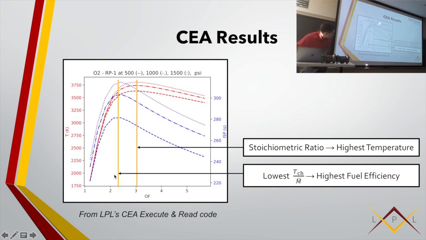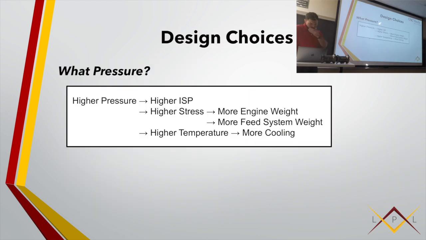This is for kerosene. Do you remember, RP1 oxygen. RP1 and ISP. Oh, okay, yeah, right here. So this is the most efficient, and this is the highest temperature. We'll be riding on the fuel-rich side, and then it's a trade-off from there. We'll talk about that.